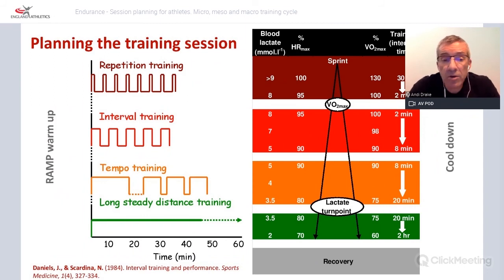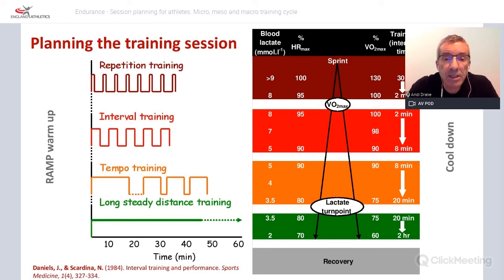So the long, slow, easy stuff is below the lactate turn point. So that's low levels of steady state lactate. So very much aerobic, and this is where we would develop endurance. And this can be quite extensive running, up to 2 hours or more. And we can see some training intensities that are linked to this, and we can distinguish these in a number of ways.